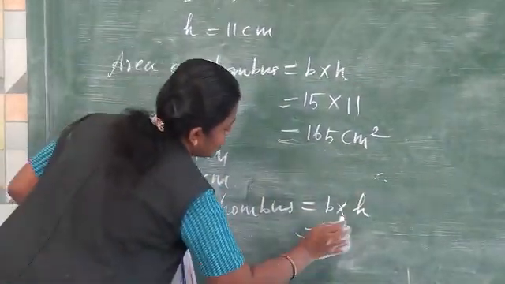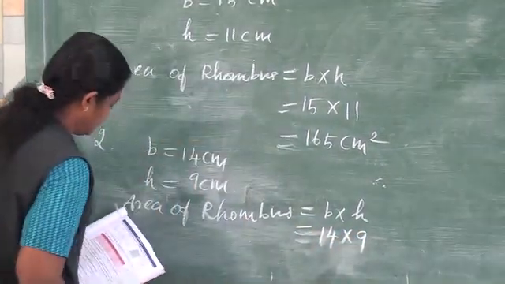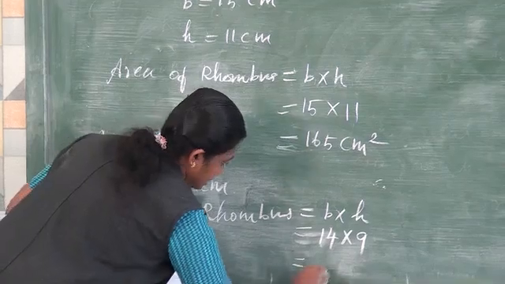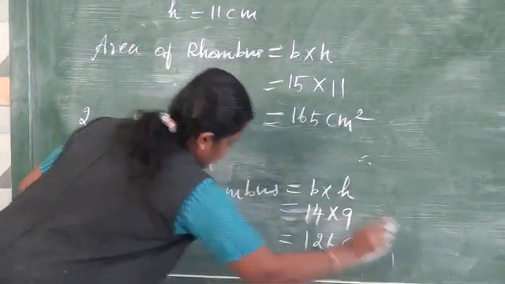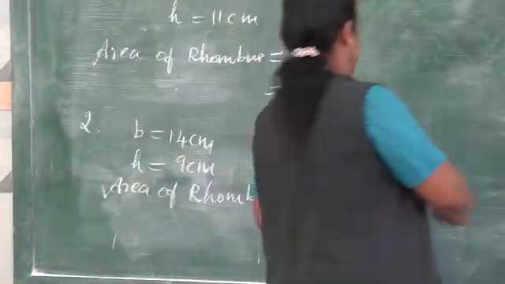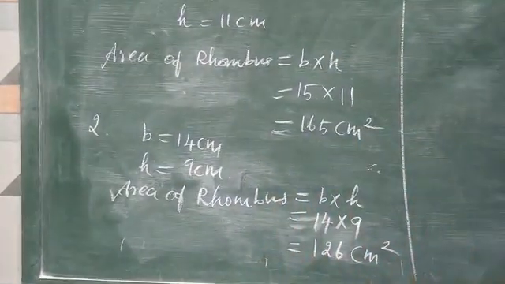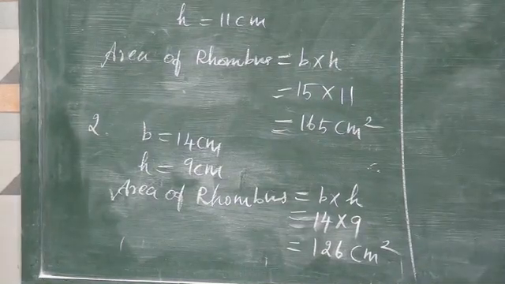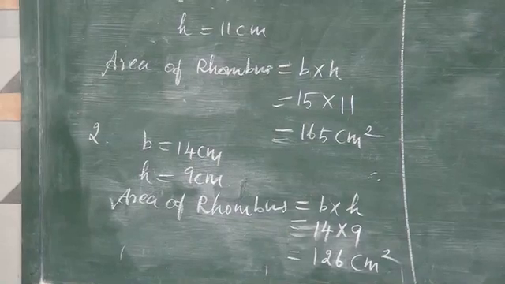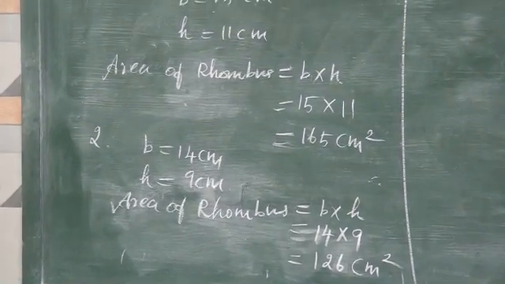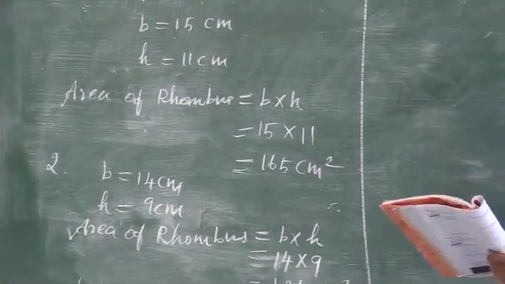Base is 14, height is 9. Now 14 9s are 126 centimeter square. Now come to the third problem.